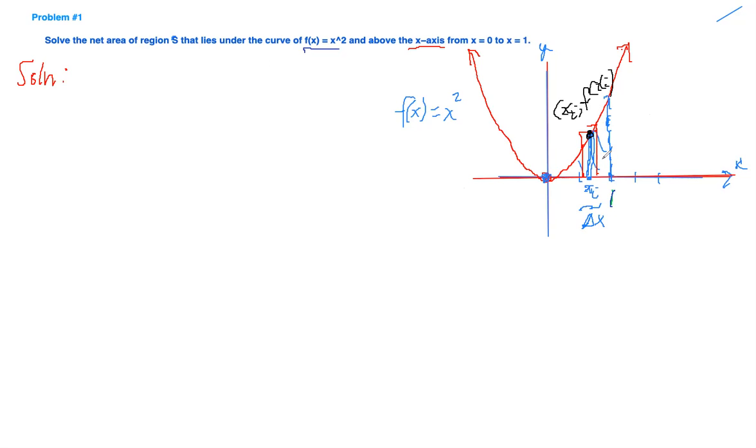To determine the area, we can use the Riemann sum, which says that the area is equal to the summation of the function f of x sub i times its width, change of x, and we get its limit as change of x approaches zero, with the sum from i equals 1 up to n.